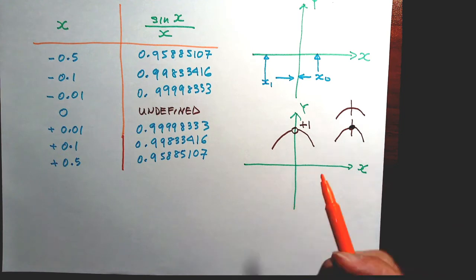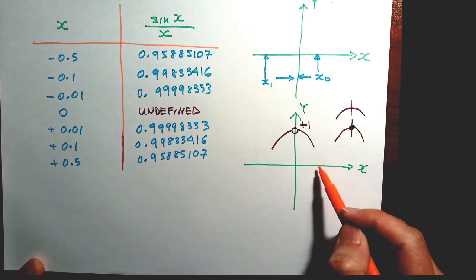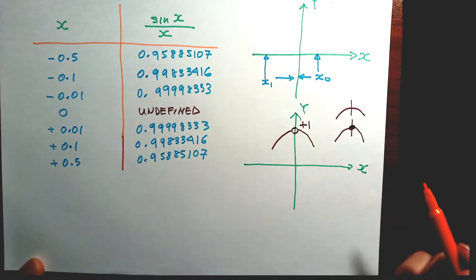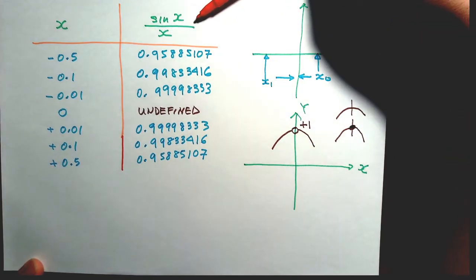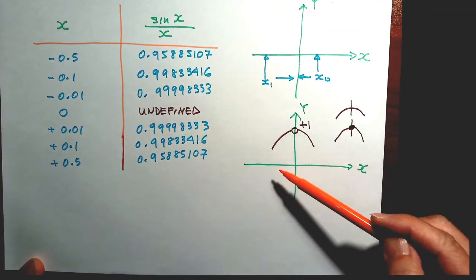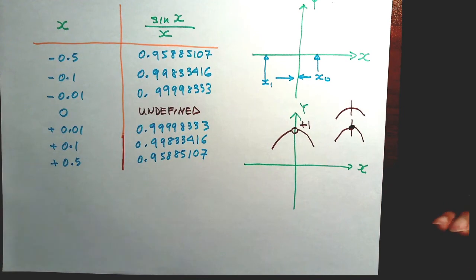I would like to know what happens. Does it cross the x-axis in any way? Does the value sine x over x cross the x-axis in any way? The way to do this is to continue on some more values.